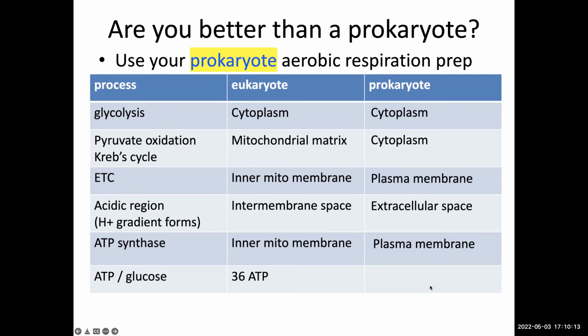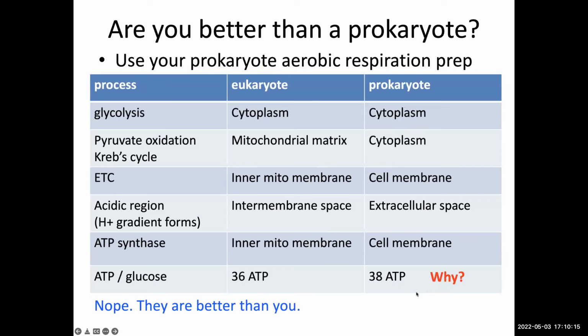Perfect. So what was the reason that we have 2 extra ATPs in a prokaryotic cell, a less complicated cell, a smaller cell, one you might imagine is not as good at doing what it's doing, maybe a more ancient one, yet somehow it's doing a better job of getting ATP out? What's the reason for that?